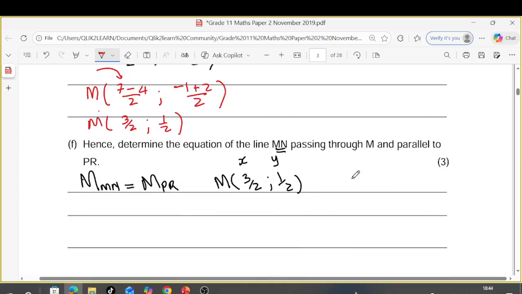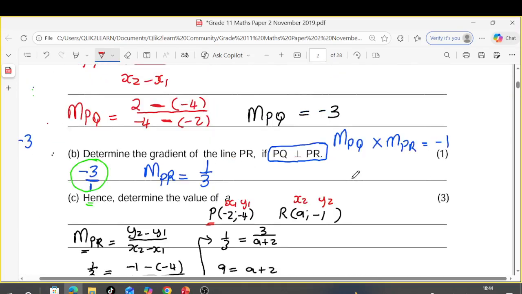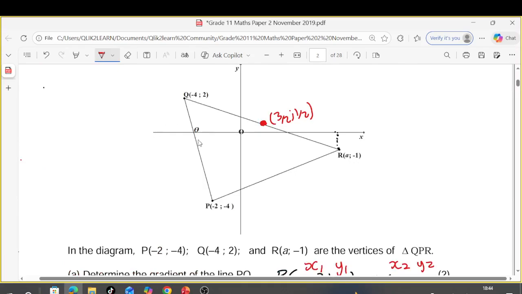So I'm going to draw PR. If these two lines are parallel, our line should go like this. That's the line they are looking for. This line is going to be MN. I'll put N here, and this is my M.